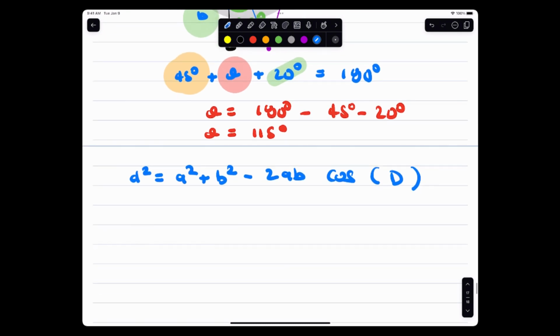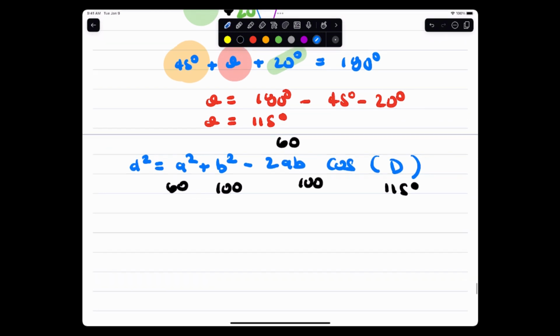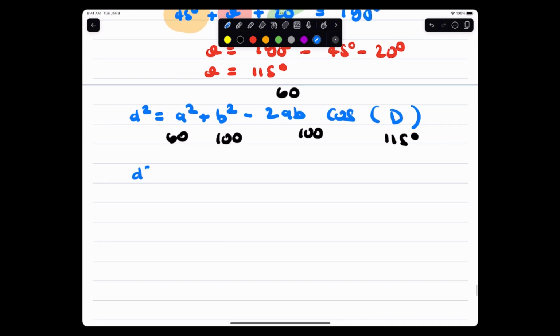So A is 60, B is 100, and let me change the colors. Might be easier to see. A is 60, B is 100, and the angle is 115 degrees. So your d squared will be that 60 squared plus 100 squared minus 2 times 60 times 100 times cosine 115 degrees.